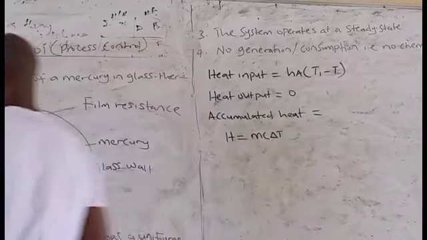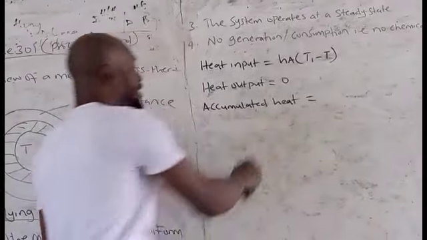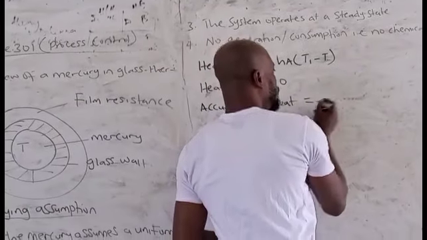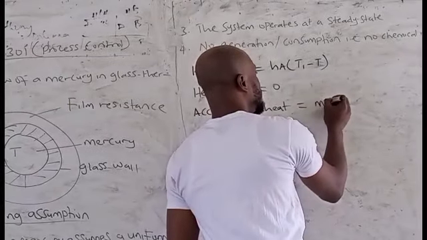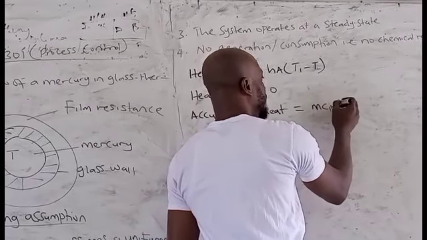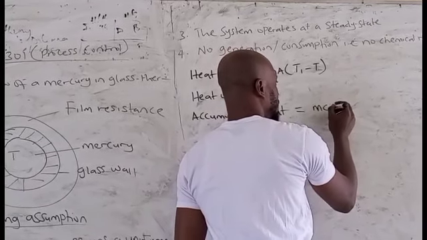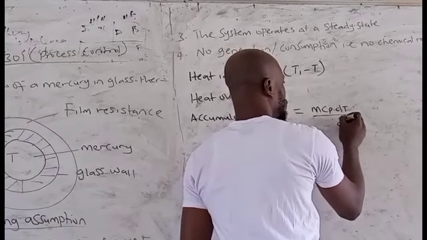Now we're going to look at accumulated heat. When you are calculating accumulated heat, we know H equals MC delta theta, which is MCP delta theta, the change in T. With respect to what?